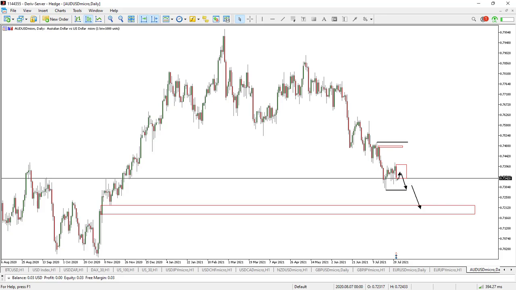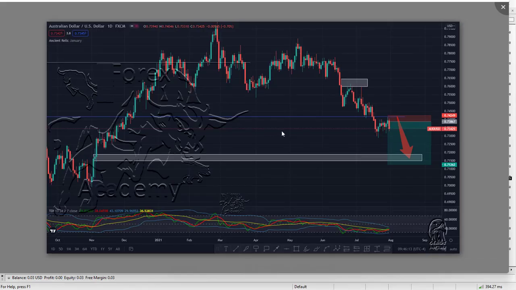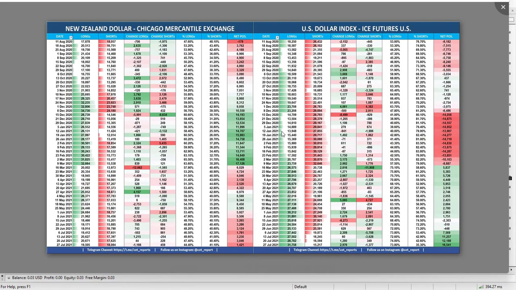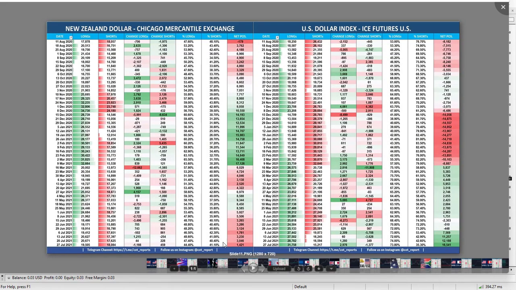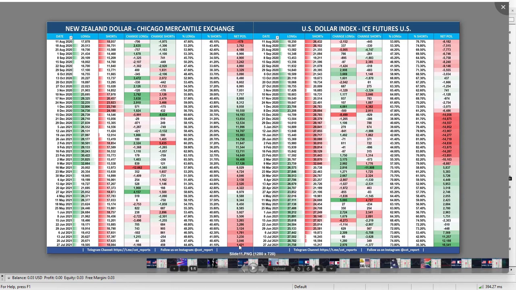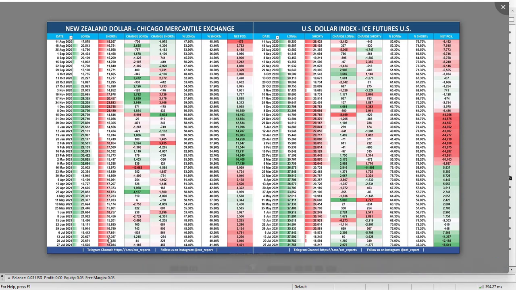And then going forth with NZD USD, as you can see here, the New Zealand dollar is also weak, guys. It's also bearish, and as you can see, the longs are starting to drop while the shorts are growing.